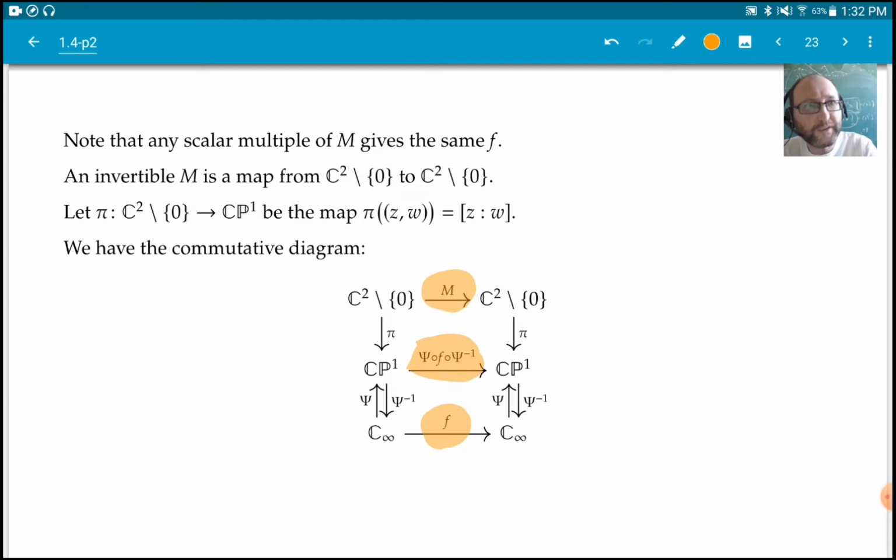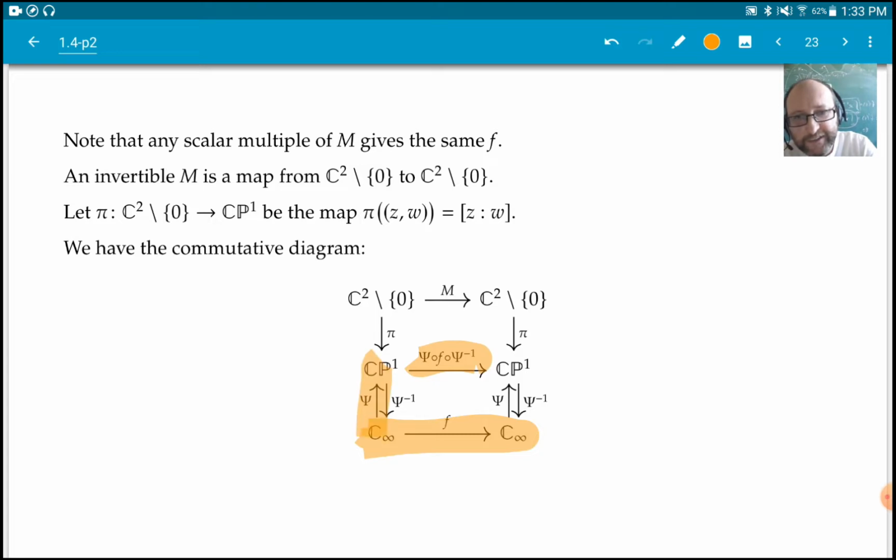We started with F, going from the Riemann sphere to the Riemann sphere, and then in a previous slide we looked at what this does on CP1 by pre- and post-composing with this identification.